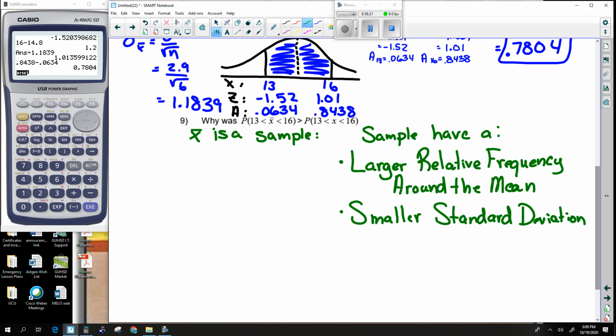Again, it's a standard deviation, not a distribution.